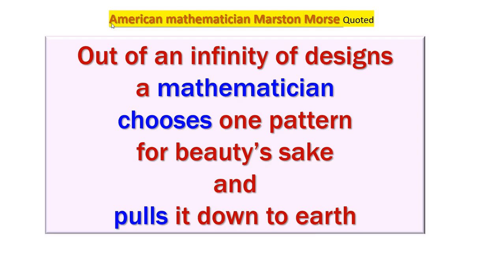And to conclude, we have a quotation from the American mathematician Marston Morse. He has said that out of an infinity of designs, a mathematician chooses one pattern for beauty's sake and pulls it down to earth. So you choose, there are a lot of topics available.